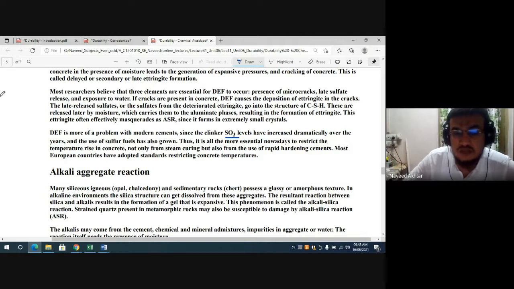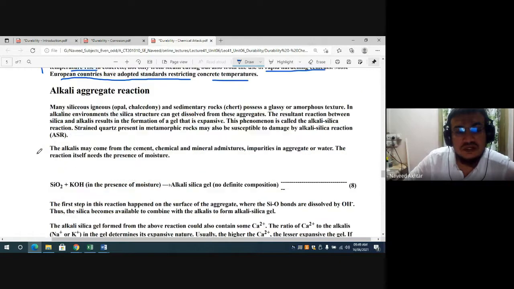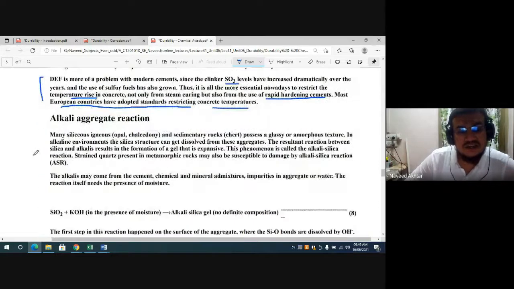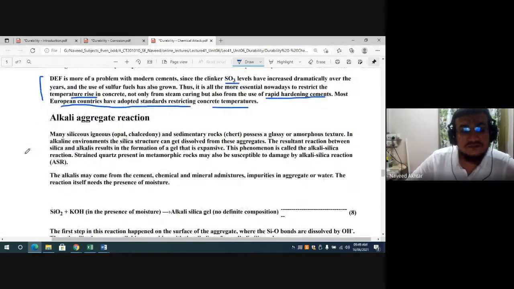Thus, it is all the more essential nowadays to restrict the temperature rise in the concrete, not only from the steam curing but also from the use of rapid hardening cement. Most European countries have adopted standards restricting concrete temperature, so we can also do that, and we can reduce the delayed ettringite formation.